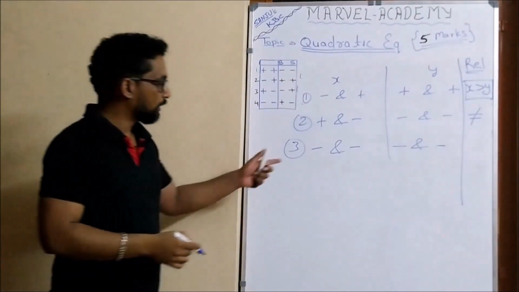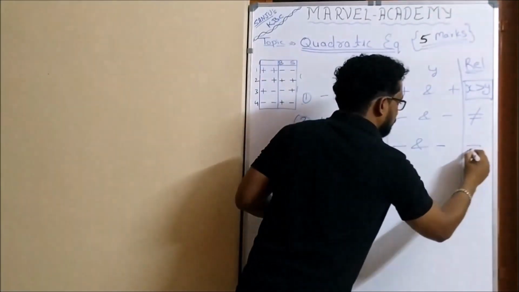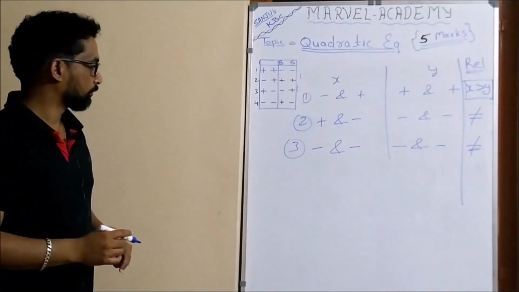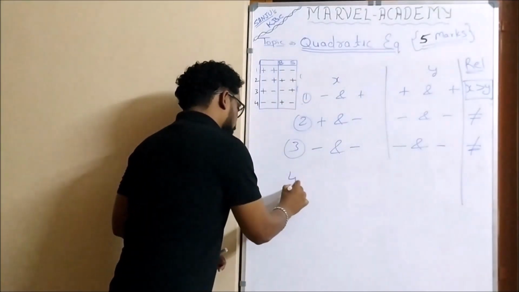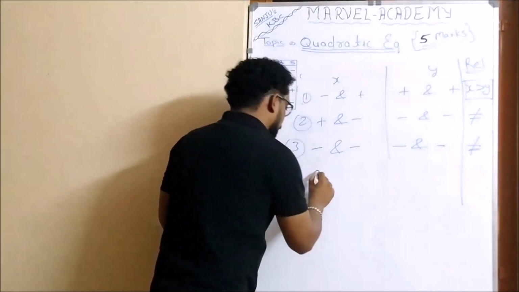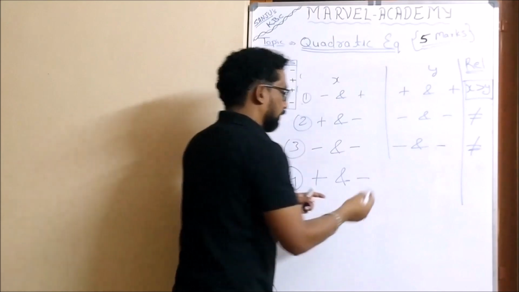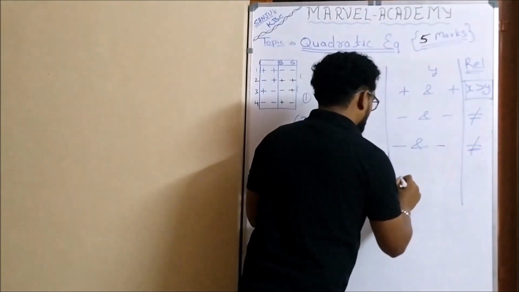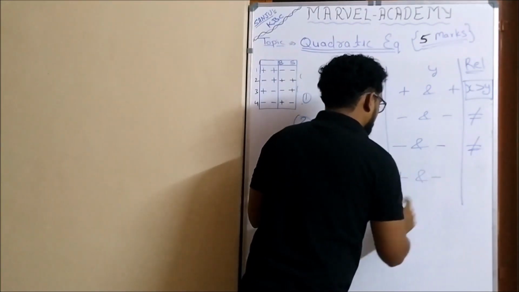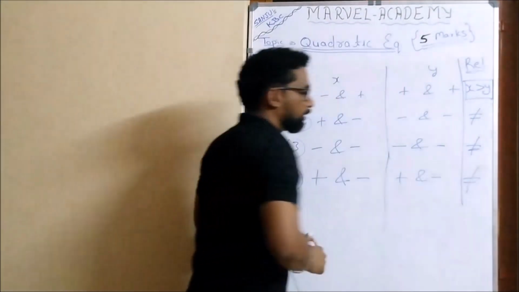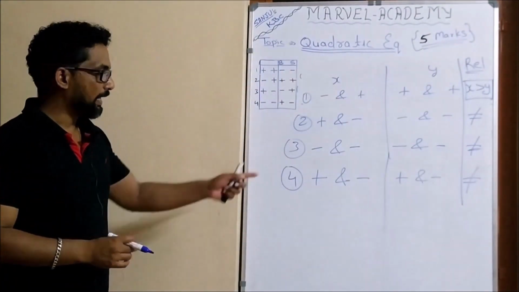So definitely here also we can say that the relation cannot be established. The fourth type is when the value of x is positive and negative and the value of y is positive and negative. So directly we can say that there is no relationship between x and y.